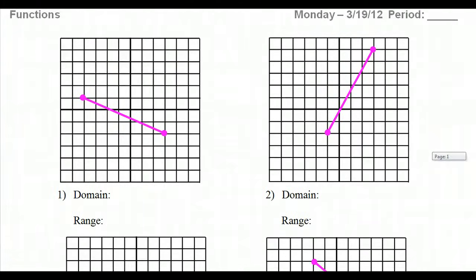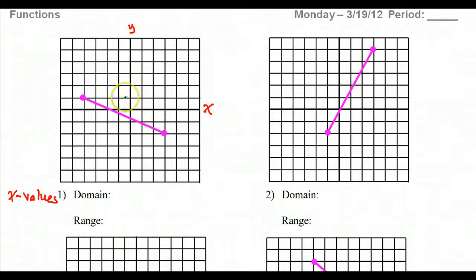First of all, domain and range. Please understand that the domain of a function is just the x values. So when we talk about domain, we are talking about x values. All right, and of course, this would be the x-axis and the y-axis.